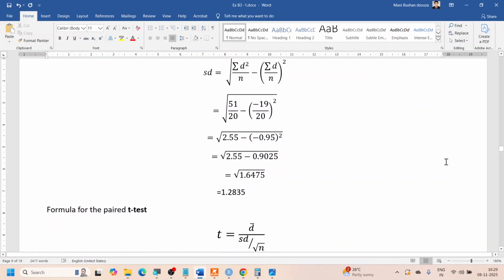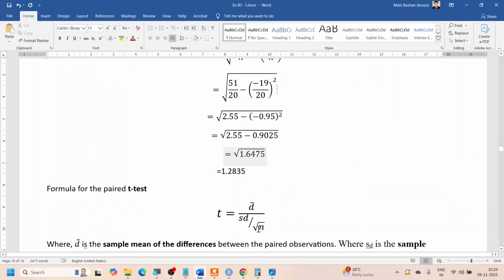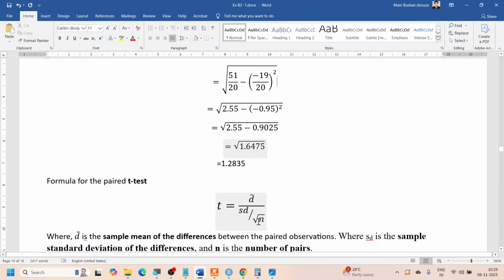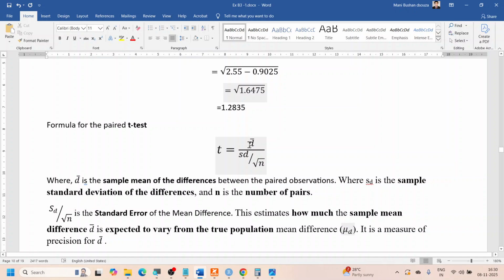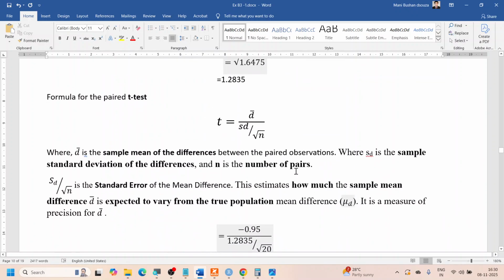So you substitute the values here. d bar is the sample mean difference, which we have already calculated. Then we have st, which is nothing but the sample standard deviation of differences, and n is nothing but the number of pairs.